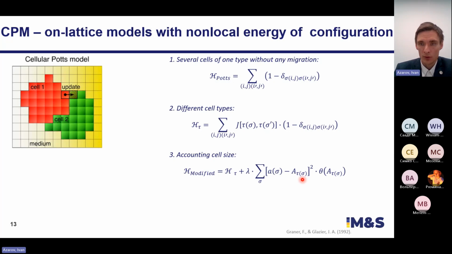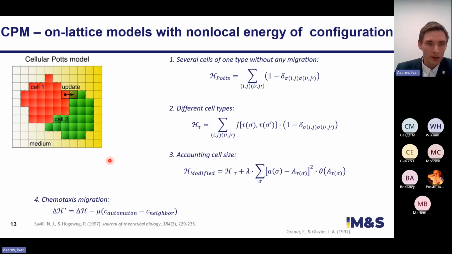And don't forget about such an important process like chemotaxis migration. And for this type of cell motion, a more complex type of cell behavior, researchers implemented a field of chemokines, and the difference of chemokines concentration is included in an additional term for delta Hamiltonian.